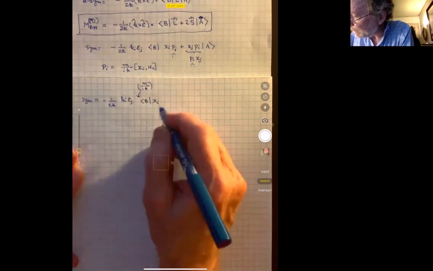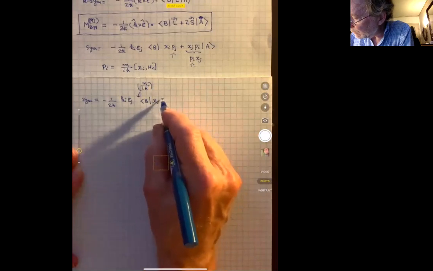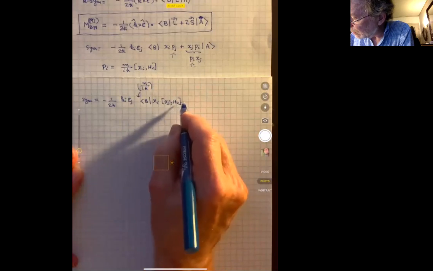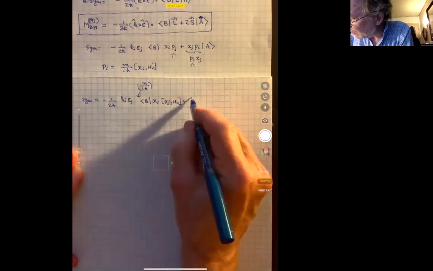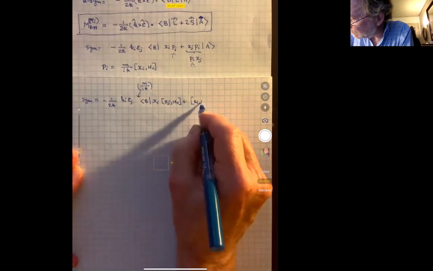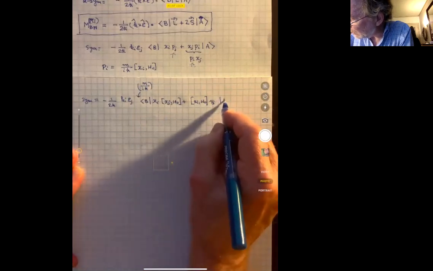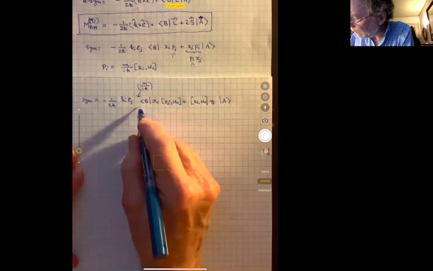This is going to be the commutator Xj with H0. And then we have plus here the commutator of Xi with H0 times Xj. And then that's A on that side here like this.